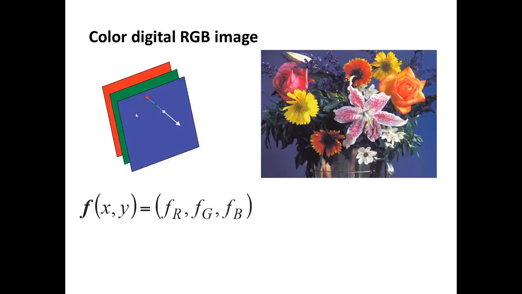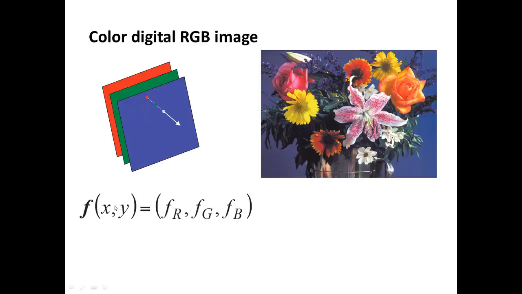So we generally represent them. If we use arrays, for a color image we have 3 arrays. One array corresponds to the red component, one array corresponds to the green component, and one array corresponds to the blue component.